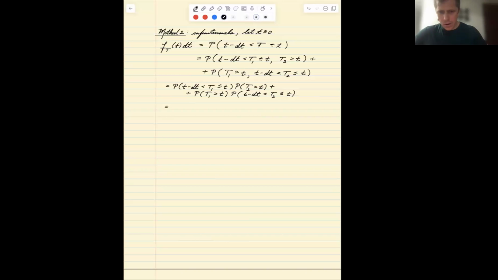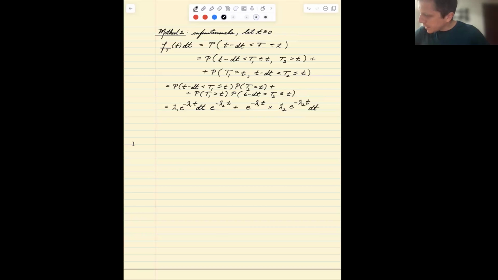We know what these probabilities are using the infinitesimal approach. For the first, it's lambda 1 e to the minus lambda 1 t times the width dt, and then e to the minus lambda 2 t. Plus e to the minus lambda 1 t times lambda 2 e to the minus lambda 2 t dt.